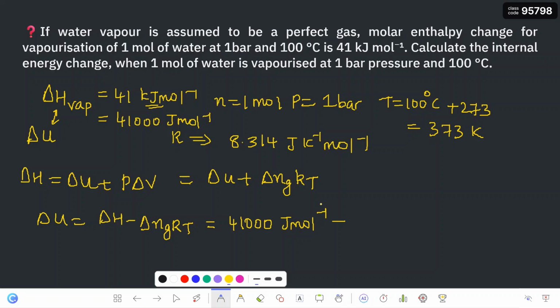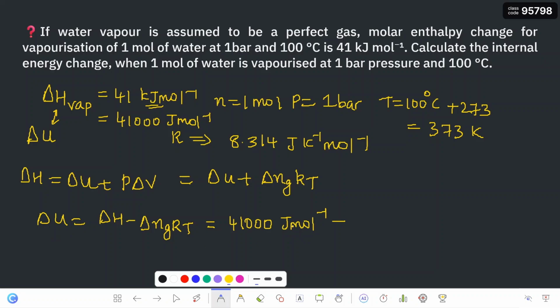So delta Ng, we know, is used for 1 mole. It is already told. I will tell you one more thing. Usually we write delta H, delta U, everything in joule. But here they have given molar enthalpy. Since it is given as molar enthalpy, we have to divide everything by the number of moles.